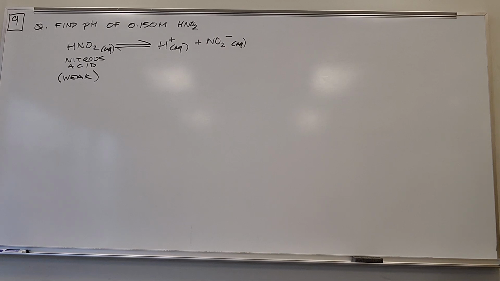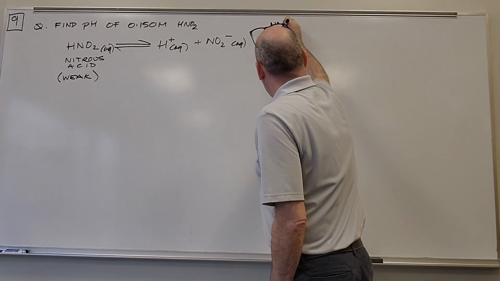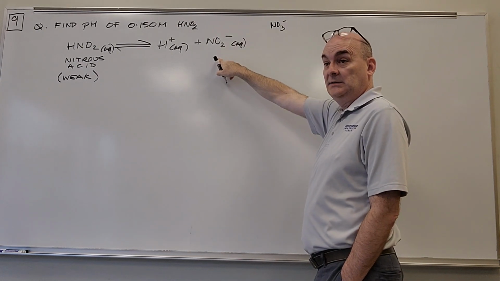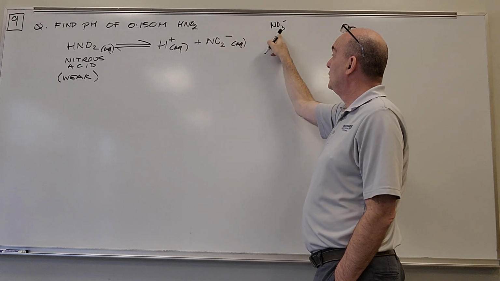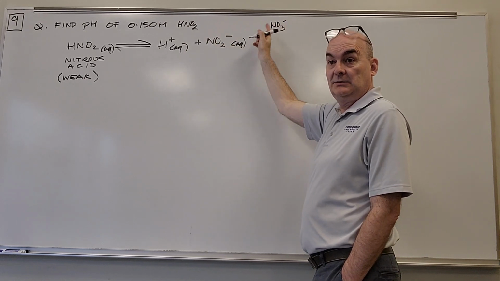Sulfites have 3. Nitrates have 3 oxygens. Nitrites have 2. So, yeah. NO3 minus is nitrate, NO2 minus is nitrite. All you do is lose an oxygen, you don't change anything else, you keep the charge.